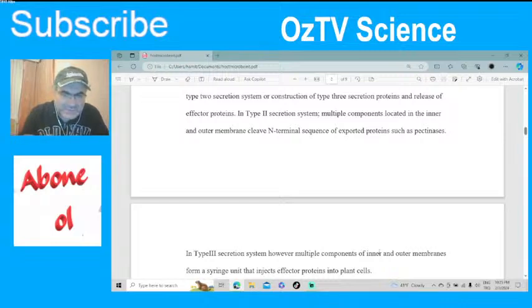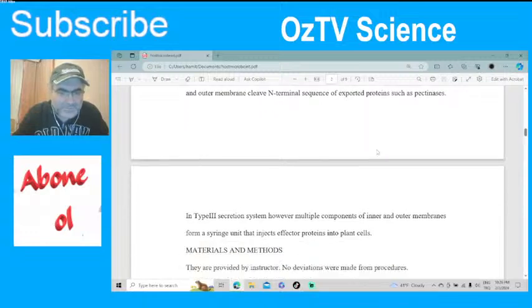Bacteria has this membrane system, remember. These enzymes, the pectinases, get modified around the membrane, and then exported eventually.